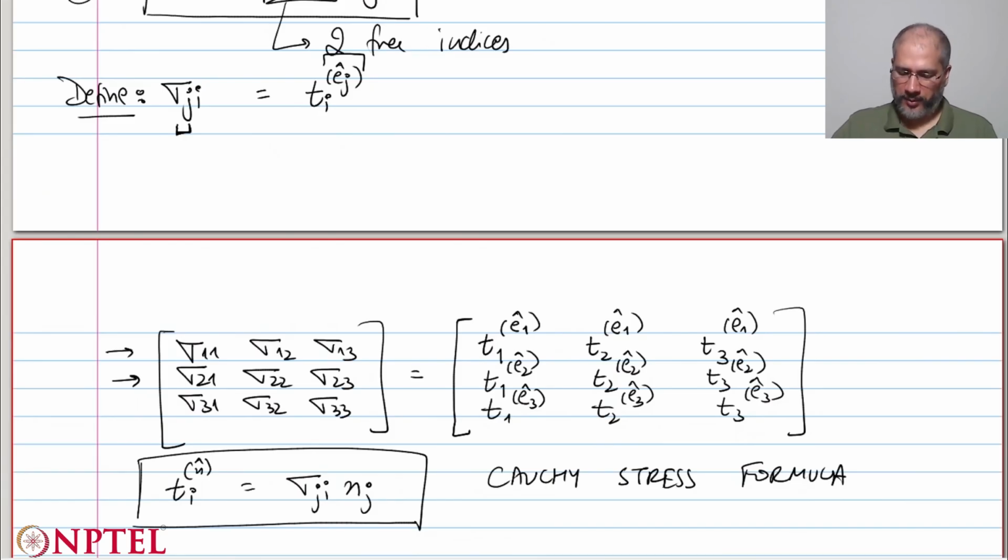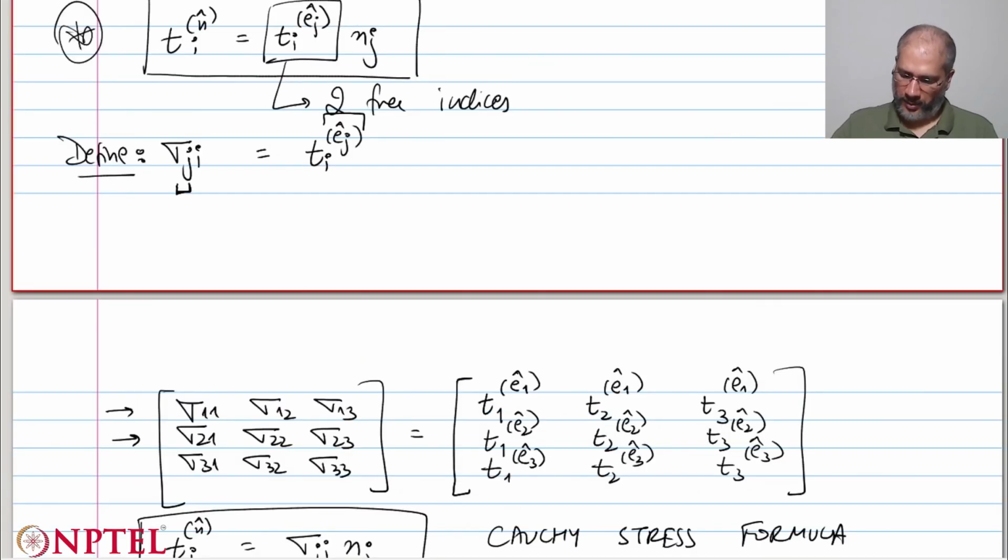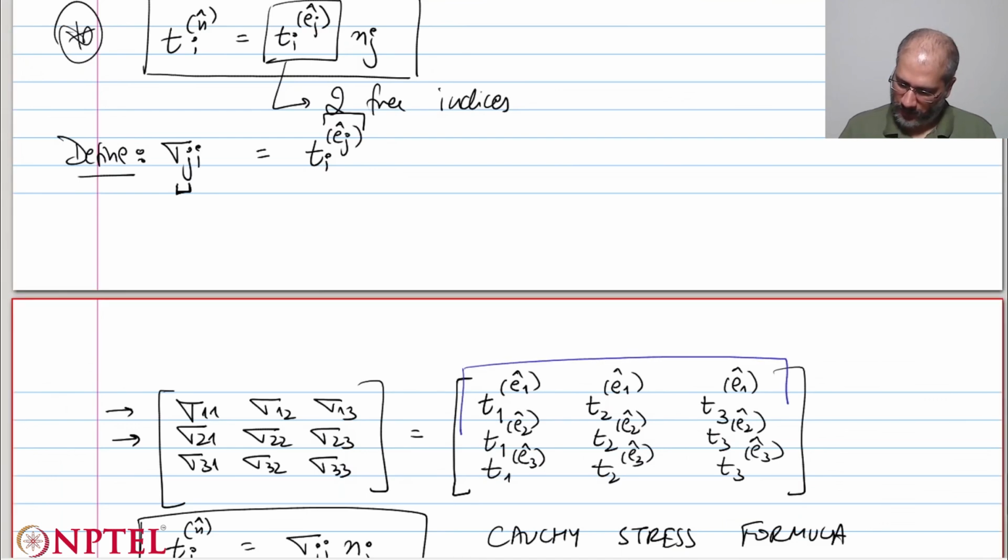So let's look at this sigma tensor again. This sigma tensor has 3 rows, where the first row is the traction vector on the E1 plane. These are the 3 components of that.